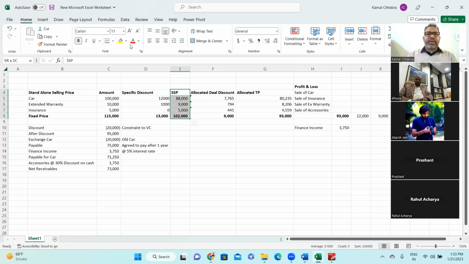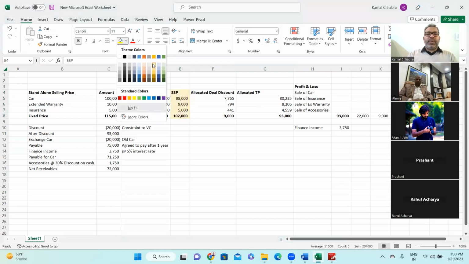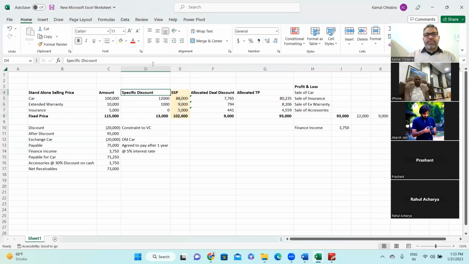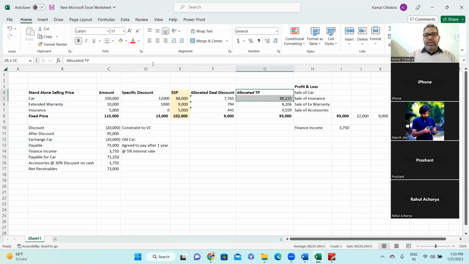How do you identify it? After removing the specific discount on the fixed price. The discount pertaining to the specific item needs to be reduced first, and then the remaining discount you need to allocate to reach the final amount. So this is your allocated transaction price to the performance obligation.